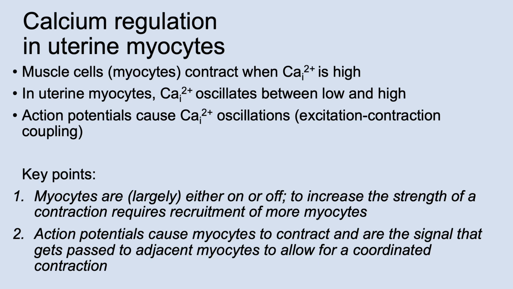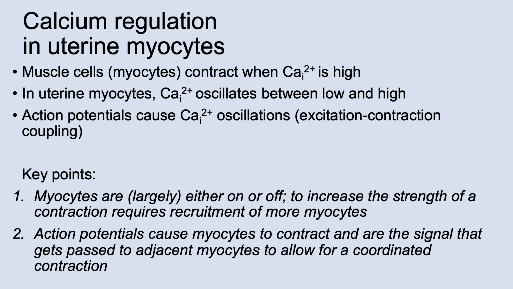The excitation-contraction coupling is the technical term for the contraction when calcium is elevated. But myocytes are largely either on or off, and that to increase the strength of a contraction requires recruiting more myocytes.